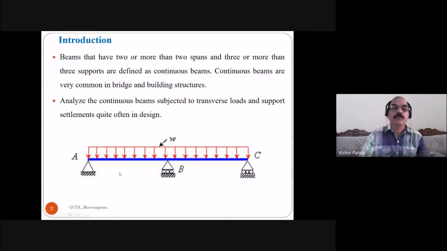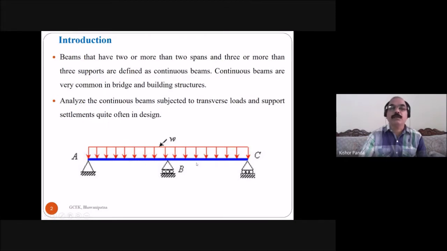Here you see, if you are taking this intermediate support, at each intermediate support you have to write one compatibility equation. This is your intermediate support, this is right of the support, and this is left of the support. So you have to apply the three moment equation or the Clapeyron theorem to any two consecutive spans.